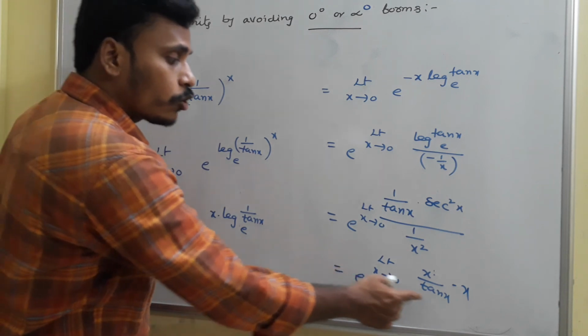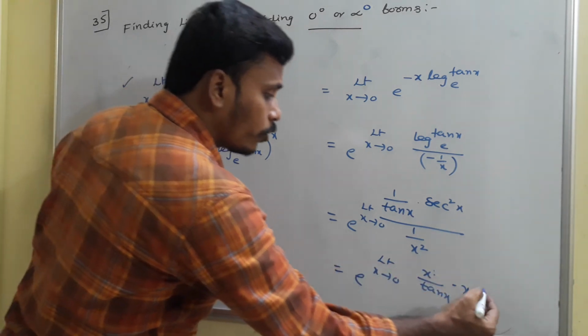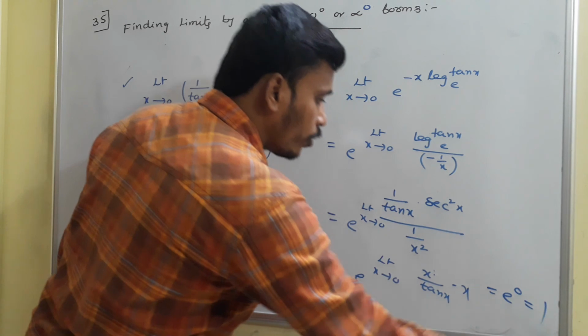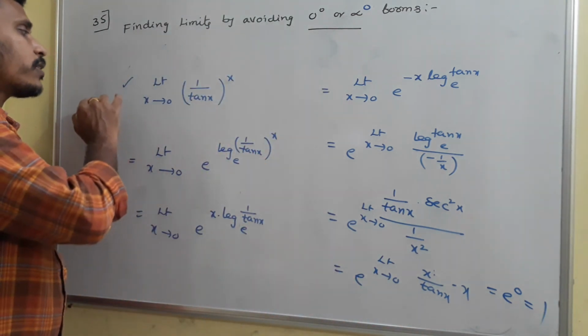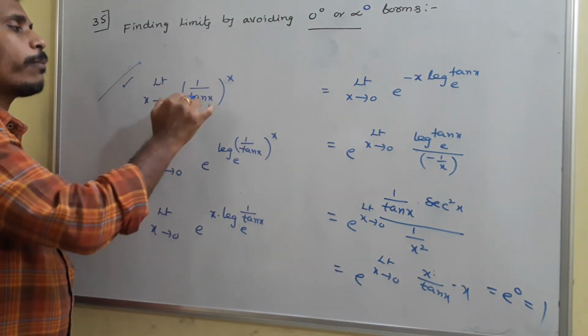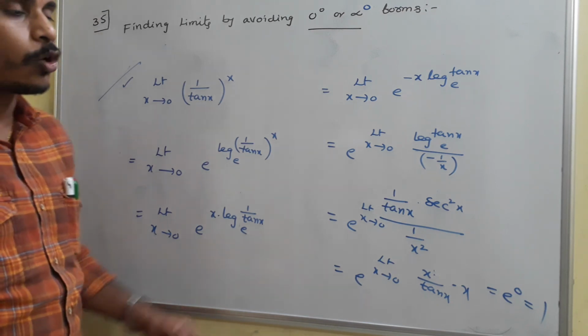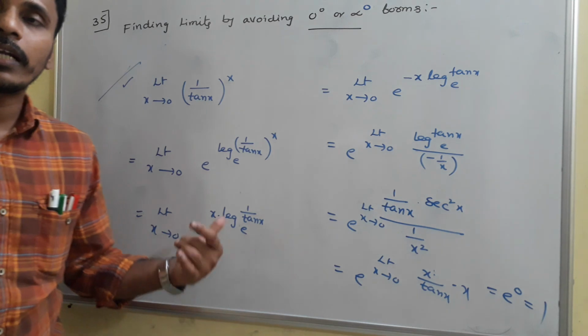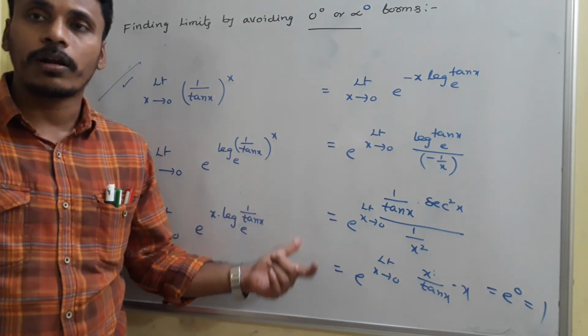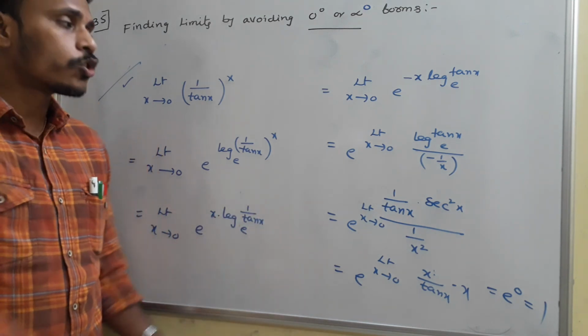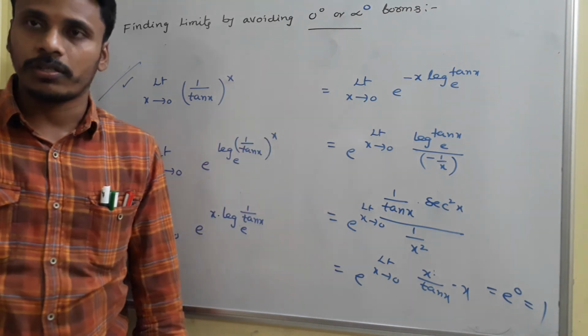As x tends to 0, this value is 1 and that value is 0, so e power 0, the value is 1. So in most cases, the limits of x power sin x and 1 by tan x to the power x are all tending to 1 only. But direct substitution is not okay here, and that's why we are moving with this process. Have a look.